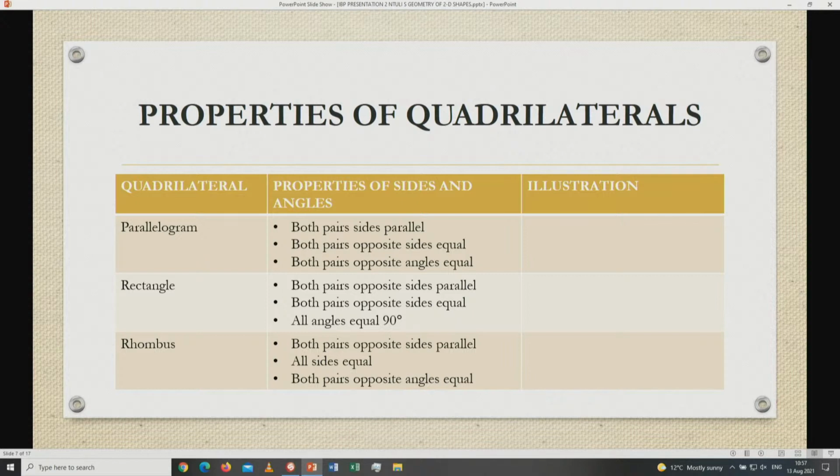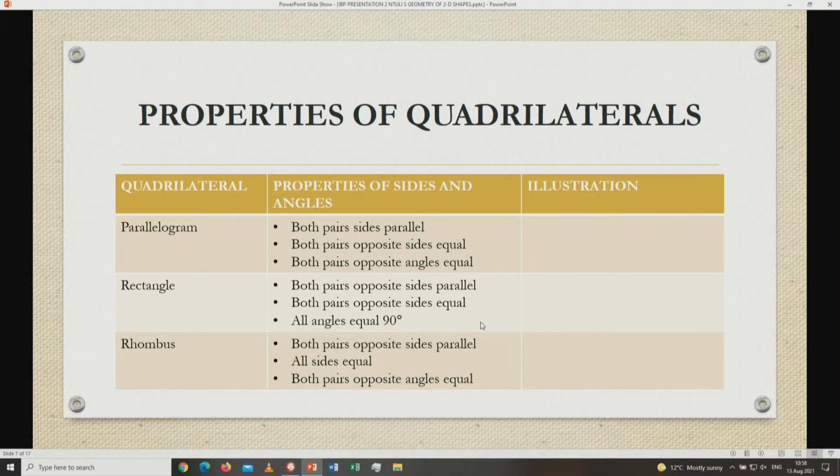What makes them to be? How do they differ? What is the difference? Some questions will come in the exam asking you the difference between a parallelogram and a rectangle. For you to be able to answer that question correctly, you have to mention the difference between the properties of a parallelogram and the properties of a rectangle.